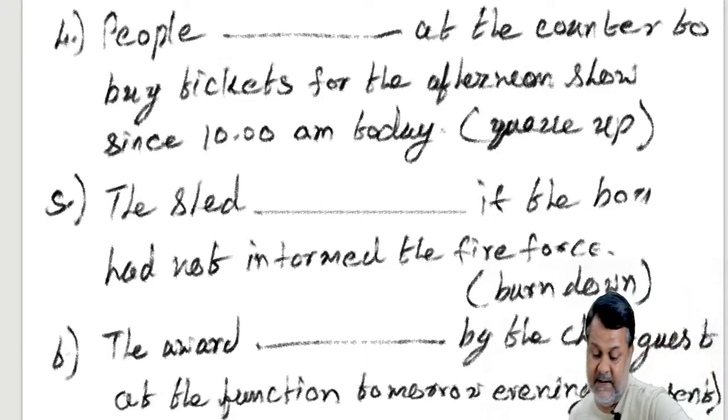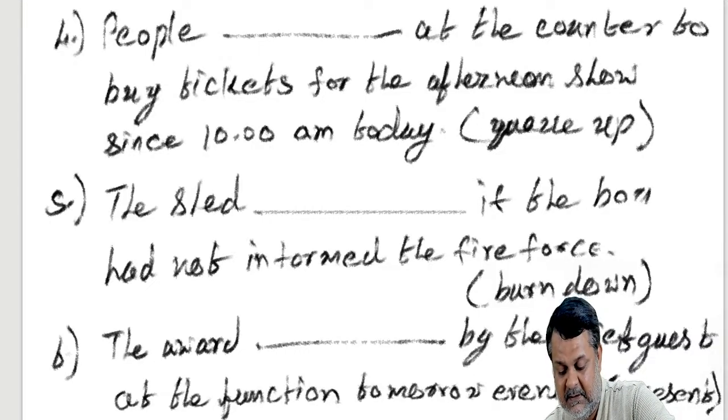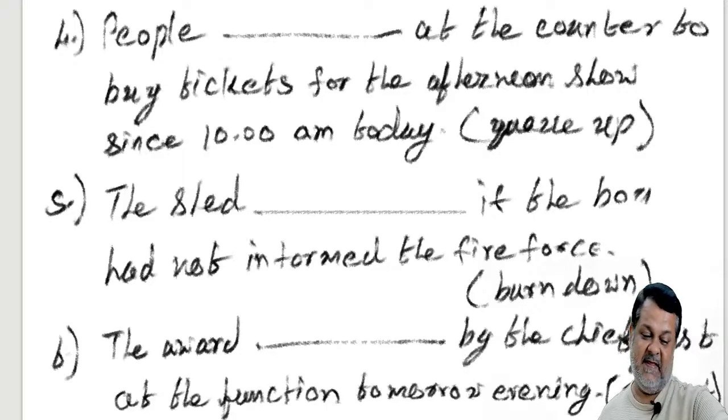Okay, now look at this example. People dash at the counter to buy tickets for the afternoon show since 10 a.m. today. So since 10 a.m. people, what would that be?